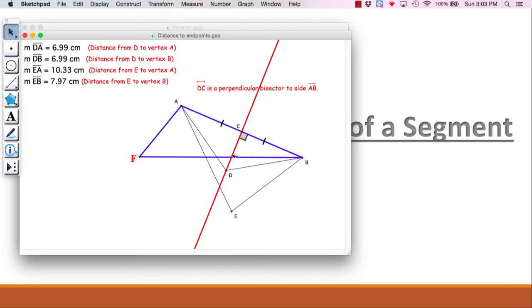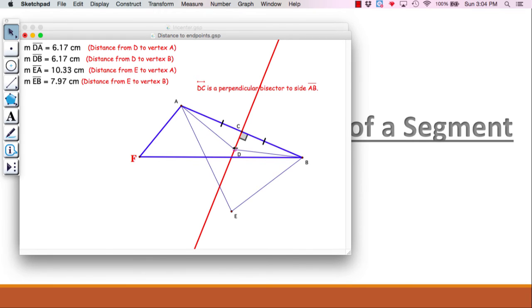Notice that point D is equidistant from the endpoints of segment AB. Those endpoints are also vertices of triangle ABF. As I move point D along the perpendicular bisector, it remains equidistant from the two vertices.